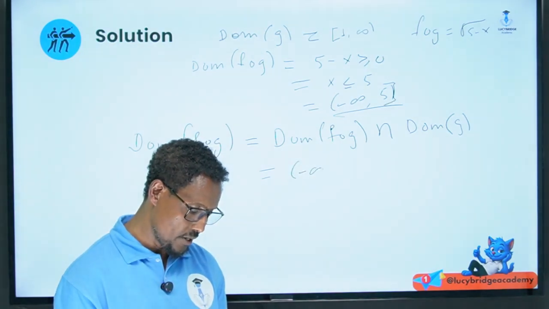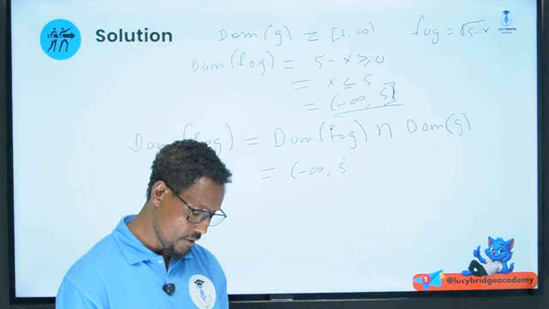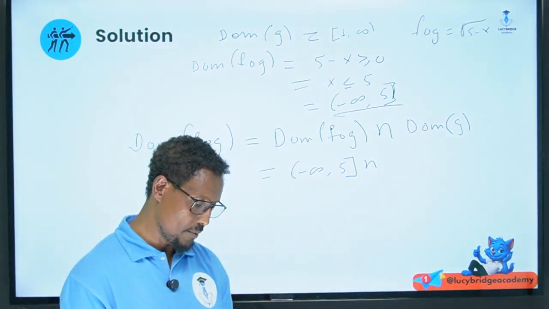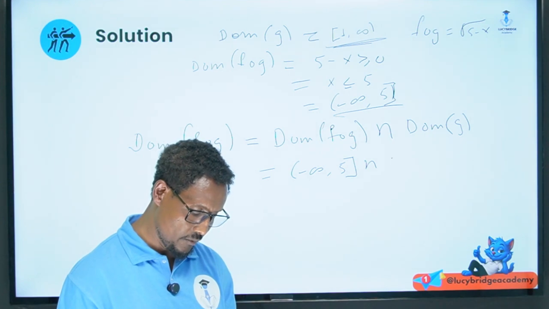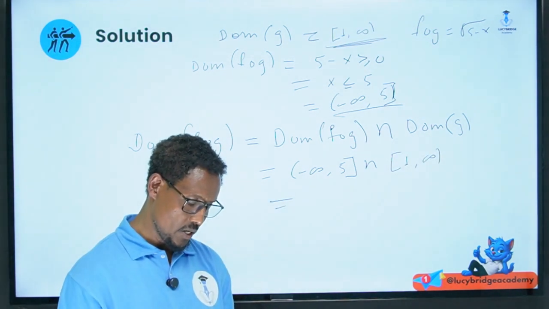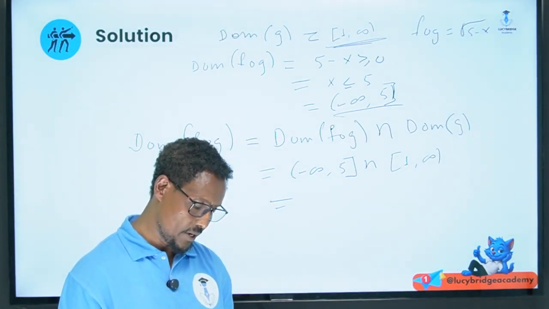From minus infinity to 5, this is a closed interval, intersection with the domain of g. The domain of g is from 1 to positive infinity, which gives us the interval from 1 to 5, right?